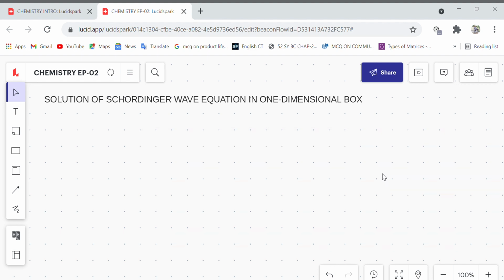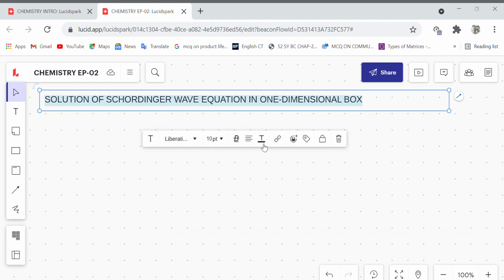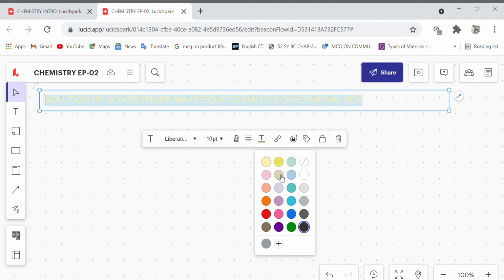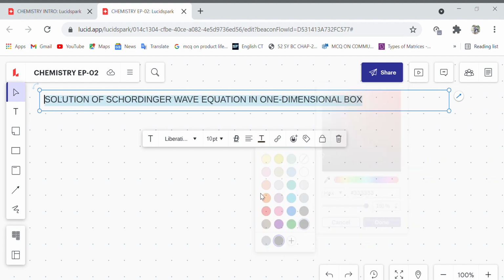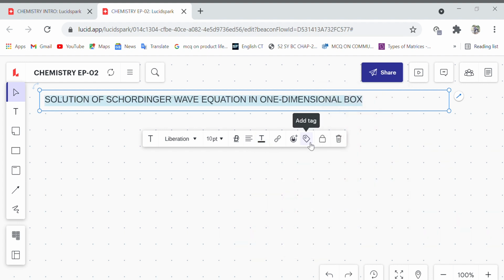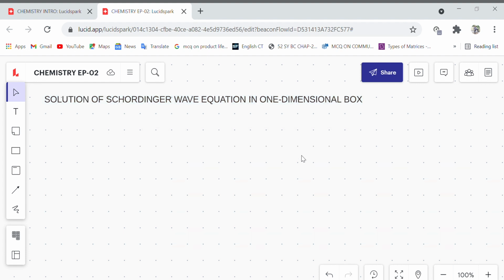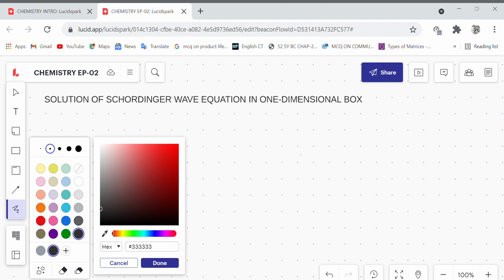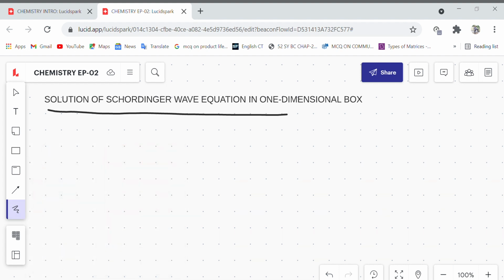Done. I think no underline part is there, so let me underline it myself. So this is the topic, solution of Schrodinger wave equation in one-dimensional box.